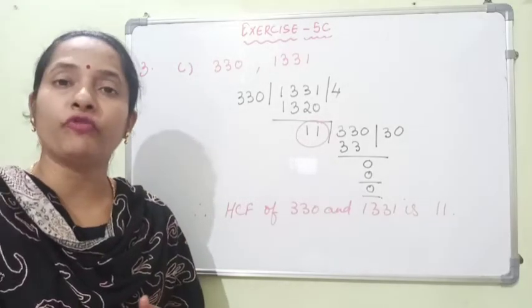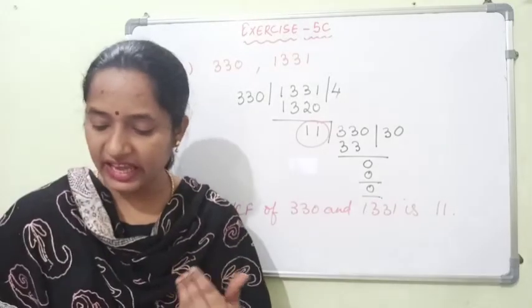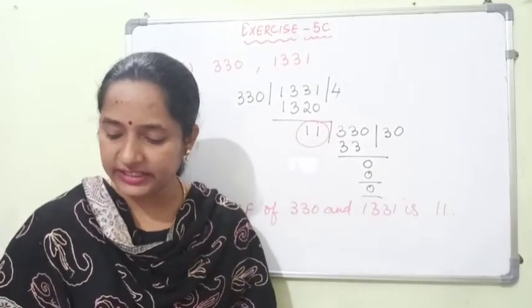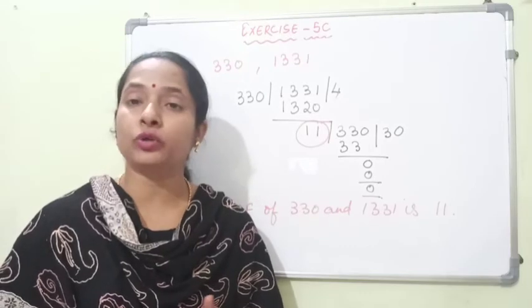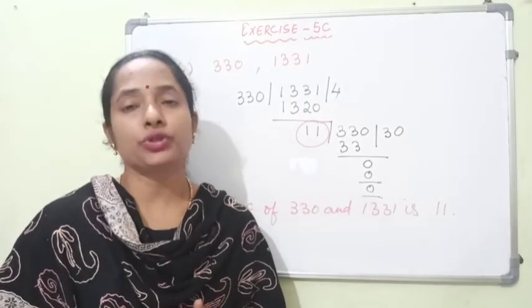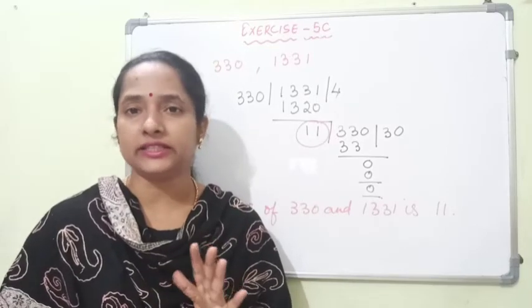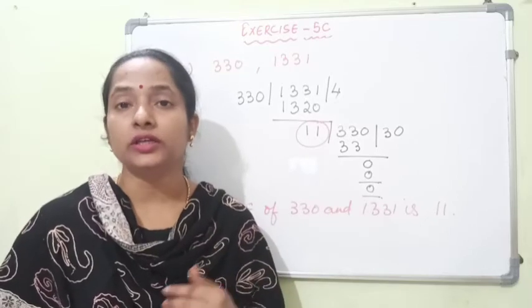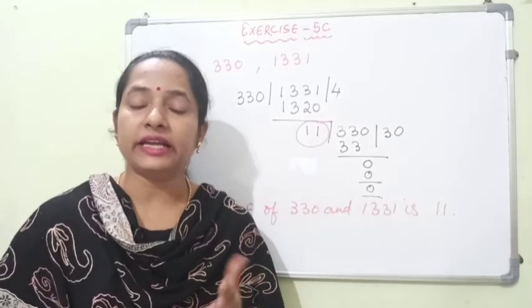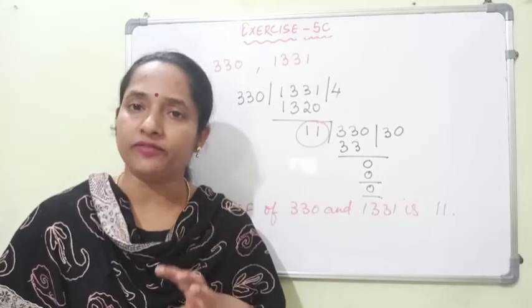So in question number 4 and 5 you are given, find the greatest number that exactly divides 155 and 2115. So children, the greatest number that divides, just recall when I was discussing HCF, I said that HCF is also called the greatest common divisor.